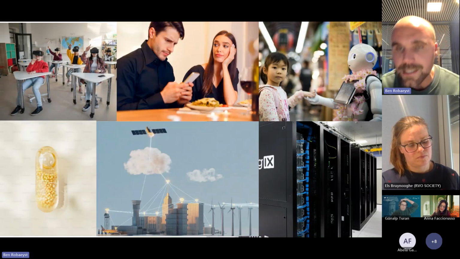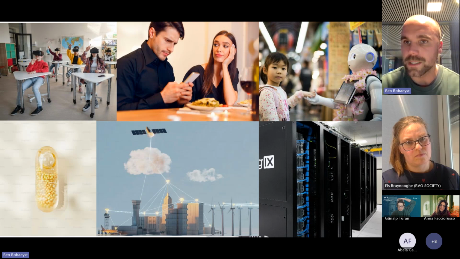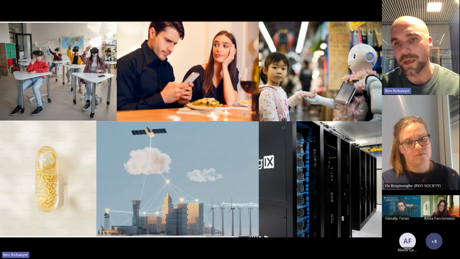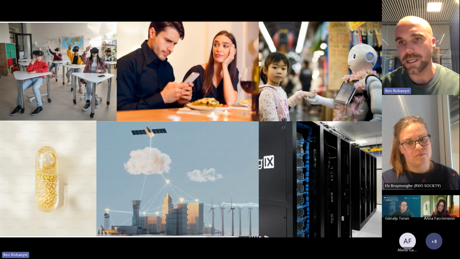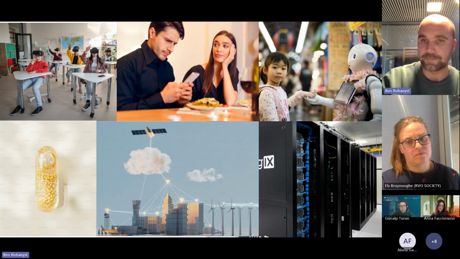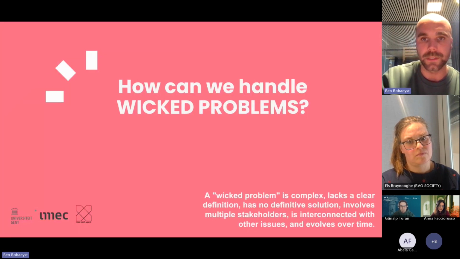We also see the data center here on the bottom right, which has a really big impact on the climate today. So we see that these technologies hold a lot of opportunities, but they also hold a lot of threats or possible challenges that come with these wicked problems. So if we add that up, these wicked problems get more and more complex because of this technology. But there are also a lot of opportunities in there, of course.